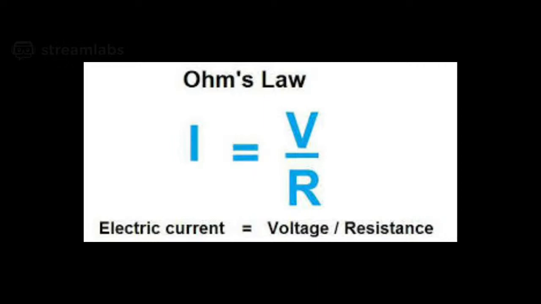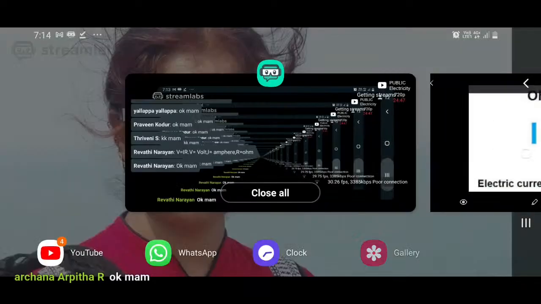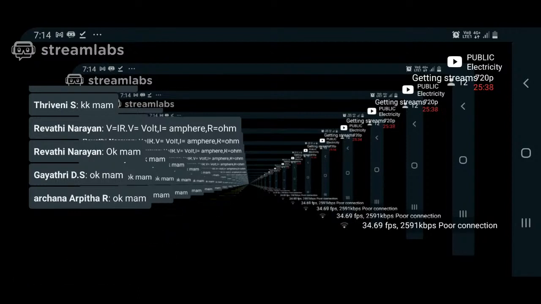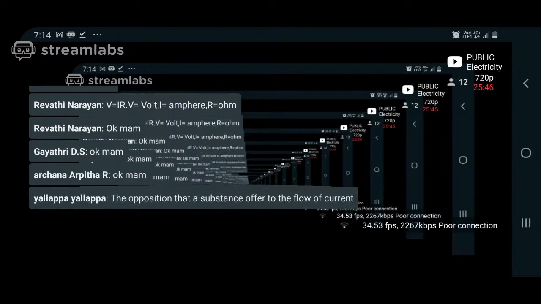Were they directly proportional or indirectly proportional? Okay, my question is, how are current and resistance related? Just now I shared the screen on the formula. I is equal to V by R. Now how are I and R related?